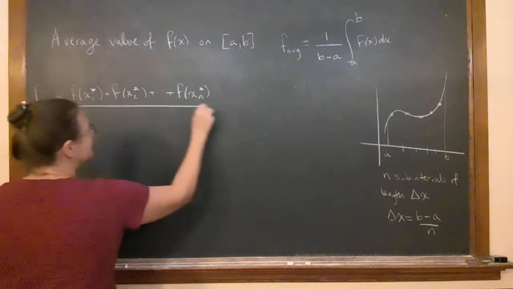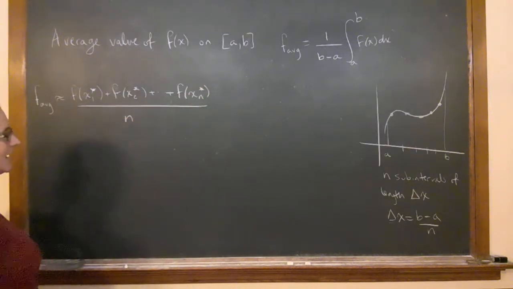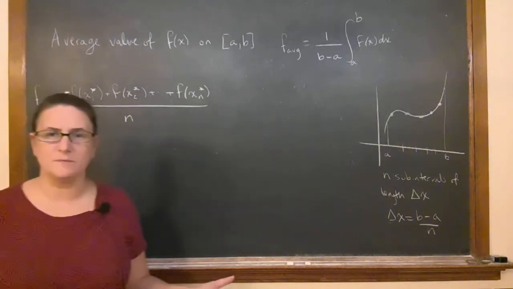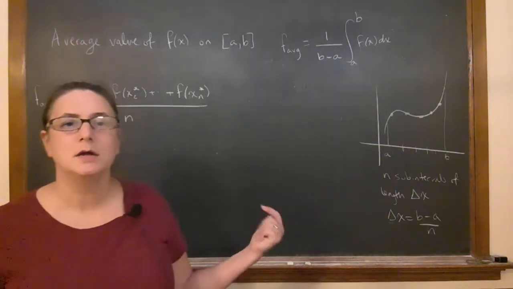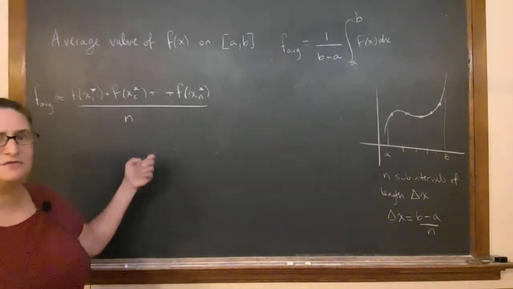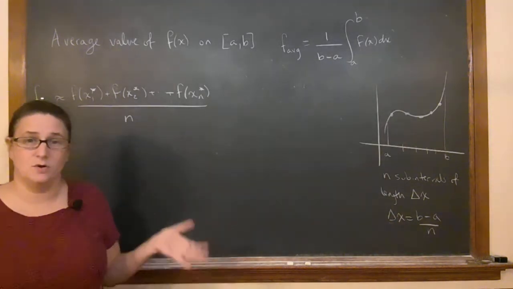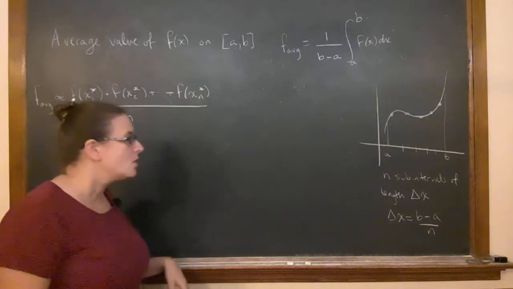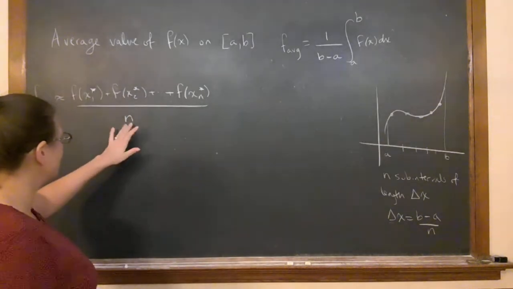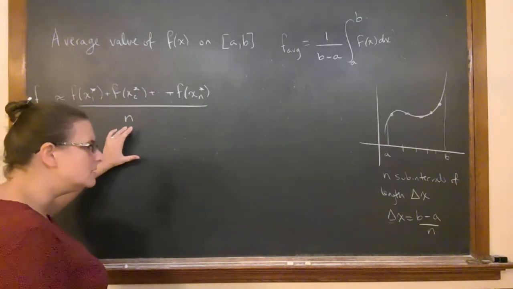And this is an average, so I have to divide by the number of points. I want to take this number of points to infinity, but then I've got an infinity in the bottom, so I know that can't be good. So what I want to do is get rid of this n.